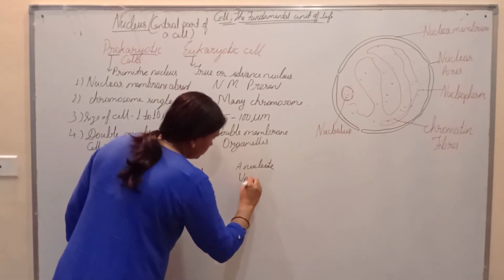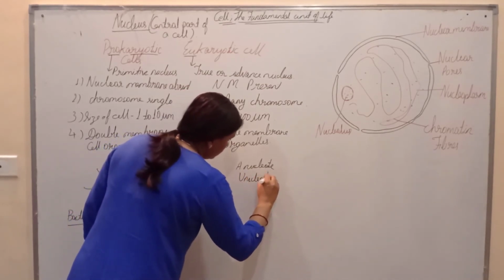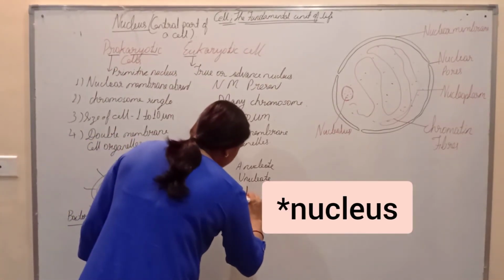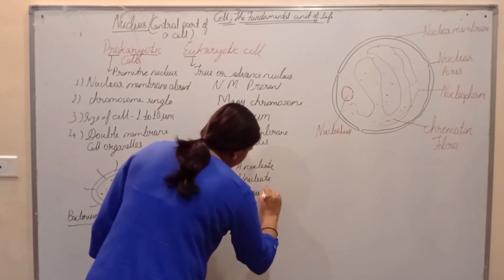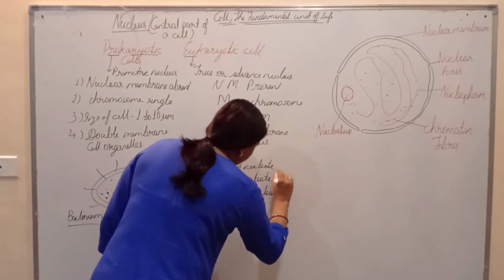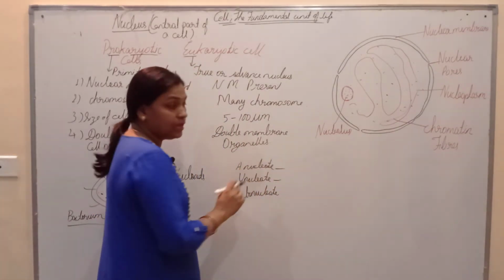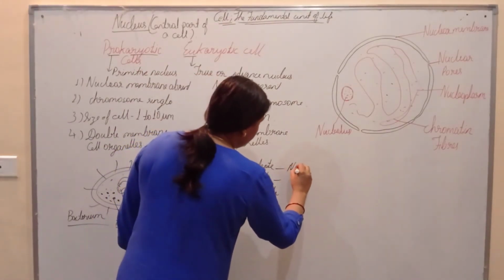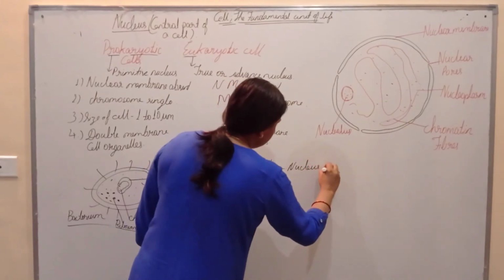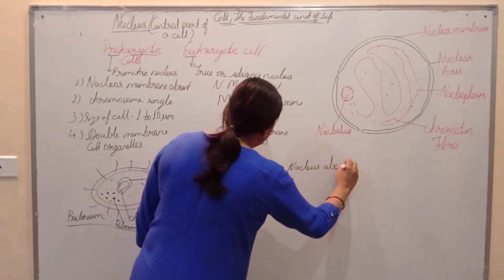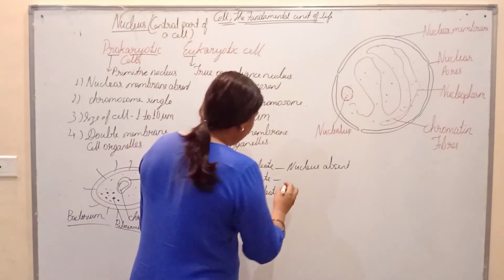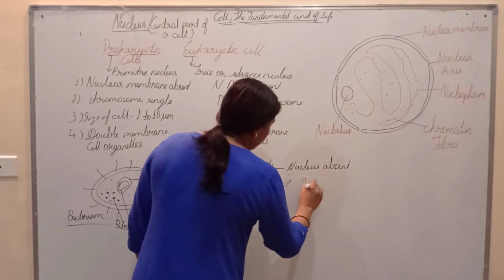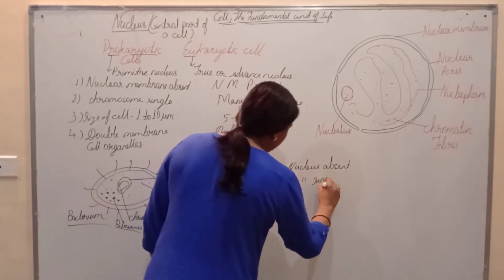Besides that, on the basis of the cell, the nucleus can be of many types: anucleate, uninucleate, binucleate. When the nucleus is absent, it is called anucleate. When a single nucleus is found, it is called uninucleate.